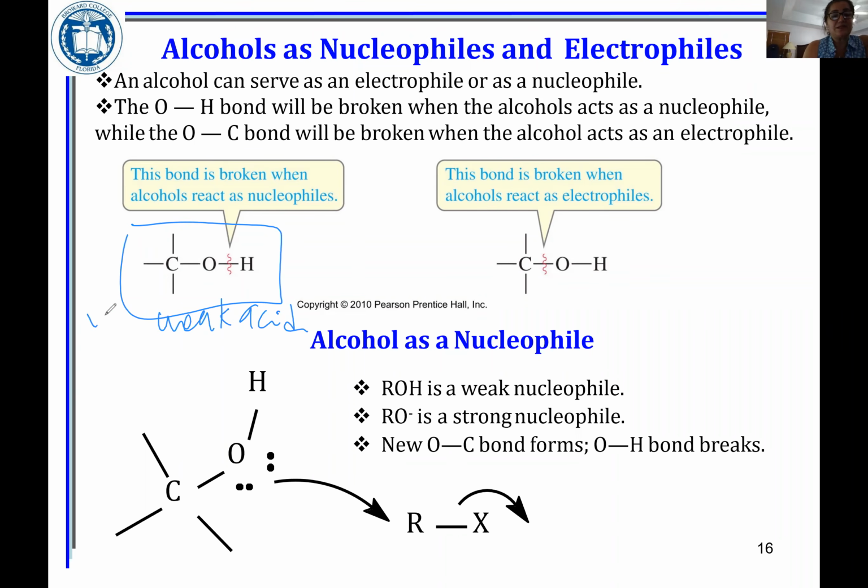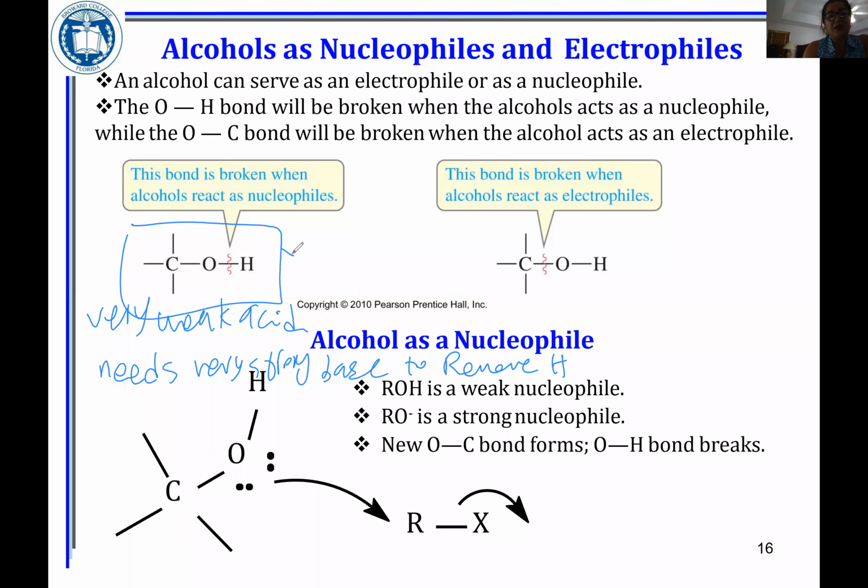So because this is a very weak acid, I'm going to write here for the record, needs very strong base to remove hydrogen, because it's coming from a very weak acid.